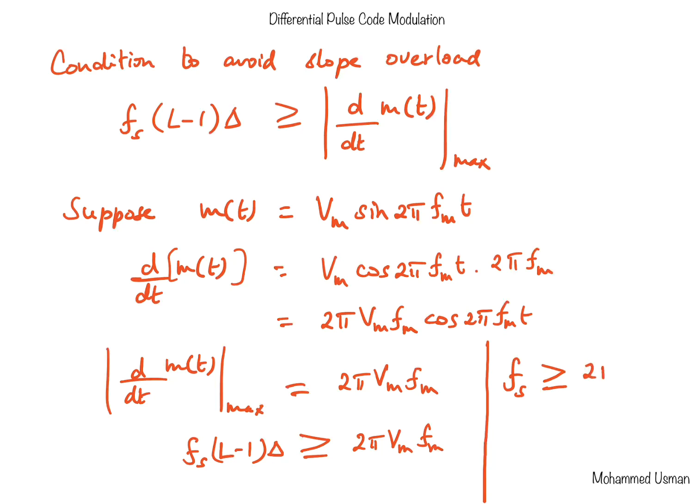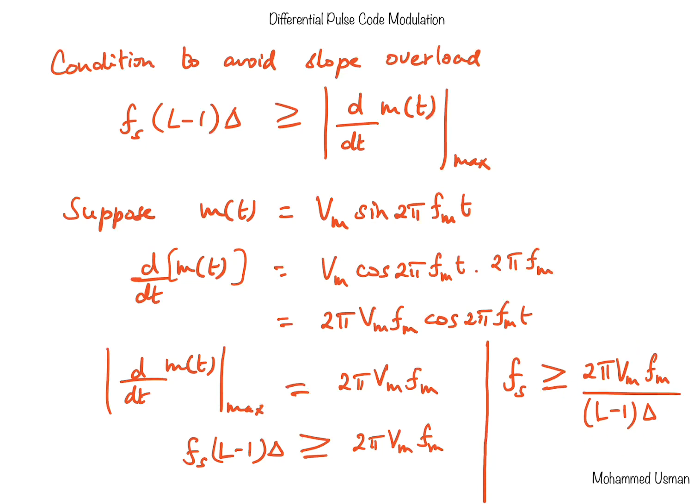So that will simply make it Fs should be at least 2 pi Vm fm by L minus 1 times delta. Right? So that's the condition we need to satisfy. That means we need to ensure that the sampling frequency is high enough that it is greater than this term on the right hand side of this inequality.